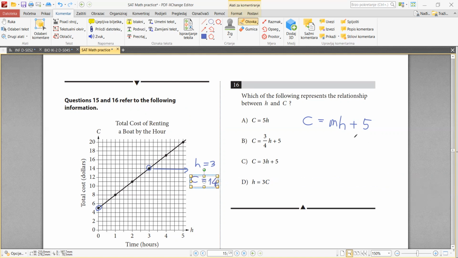So if we use that information here, 14 equals m times 3 plus 5, we'll get 9 equals 3m, and m equals 3.